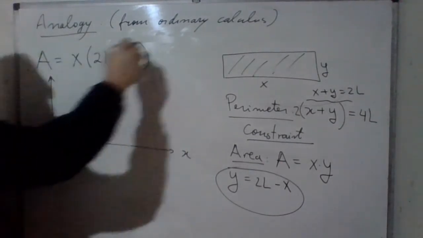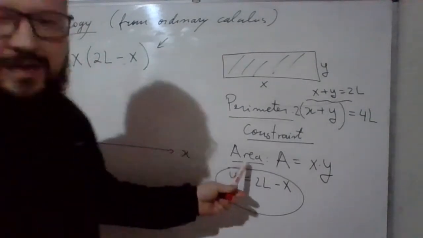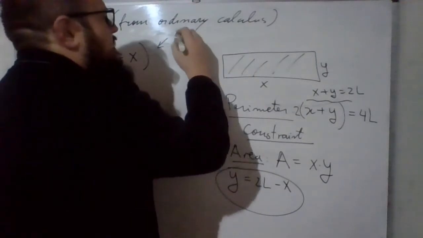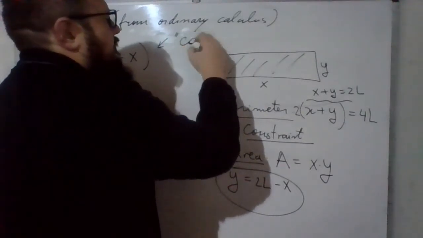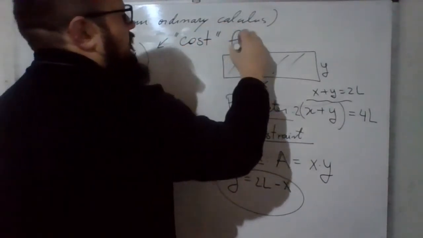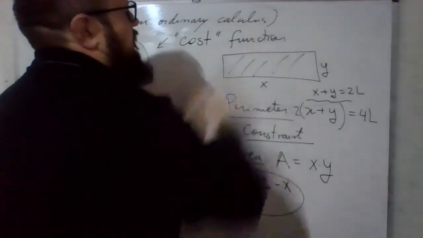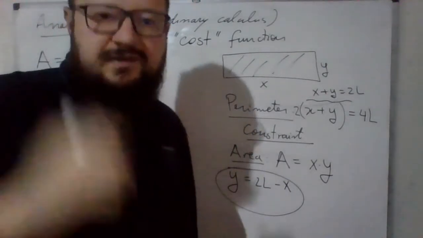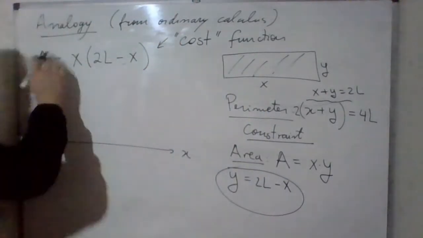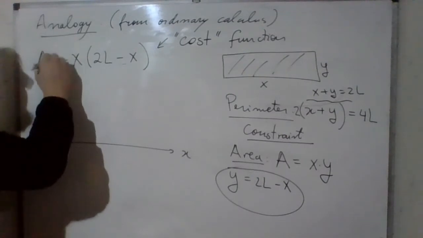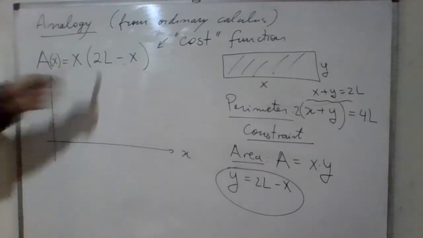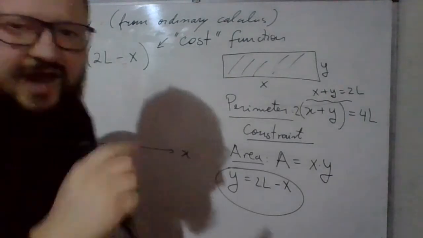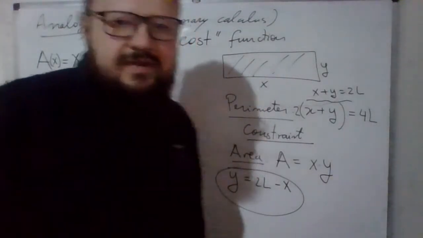So this is A, which is the area. You could think it is a cost function, okay? It's some kind of cost, all right? You can change x. It is a function now of x. You can change the value of x, and in the end, you'll change the total value of the area.